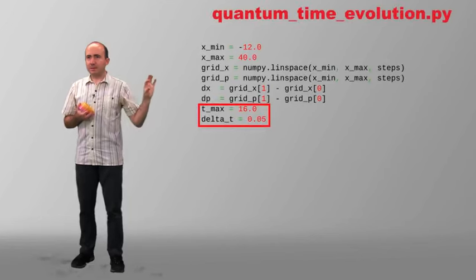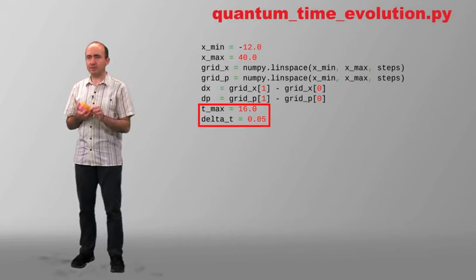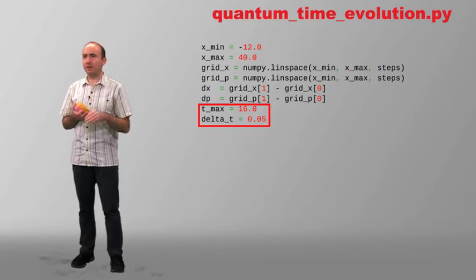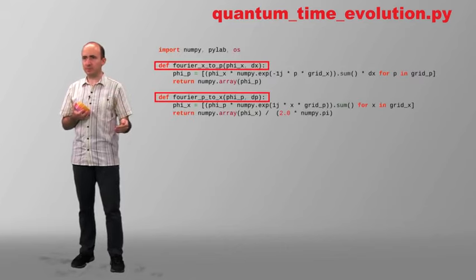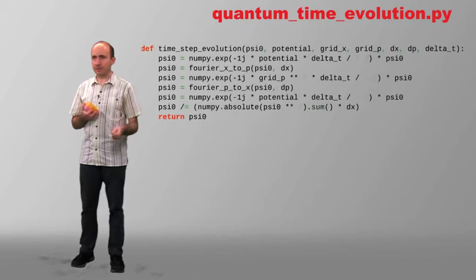First, define the initial wave function, then discretize the time interval t into N time slices of duration delta t, define the Fourier procedure, and apply the Trotter formula many times.